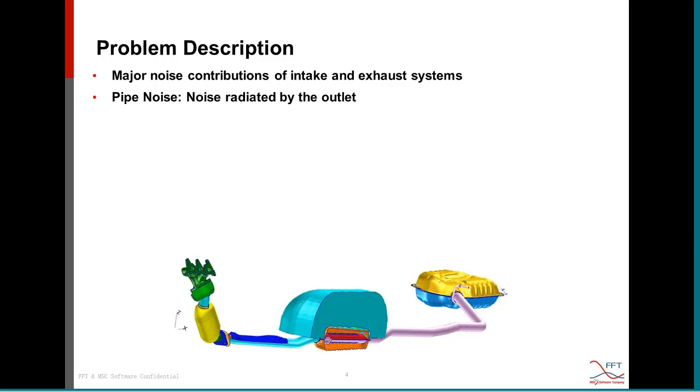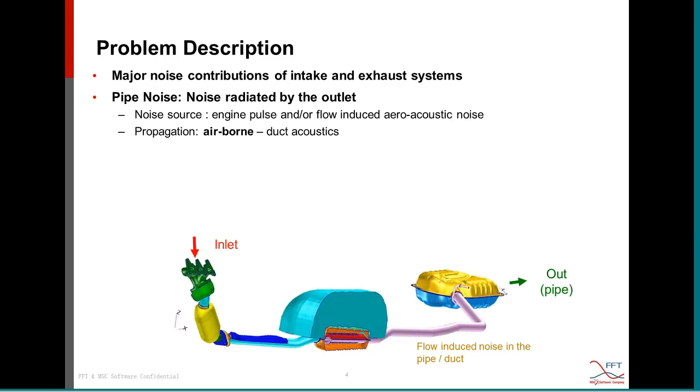The total noise produced by a complete intake or exhaust line is the sum of two main noise contributions. The first one is called pipe noise. The noise source of the pipe noise is typically the engine pulse.